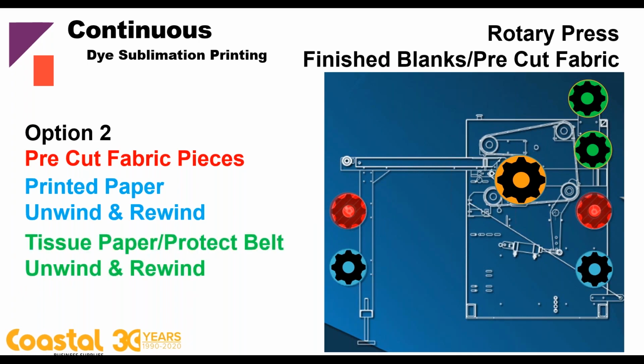And you'll still use the tissue paper because you don't want anything to get onto your drum and you want to protect everything. And here's your heat drum. It's nice and hot, 375 to 400 degrees, depending on the type of material you're working with.